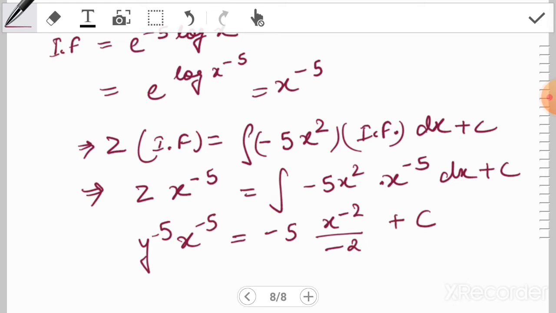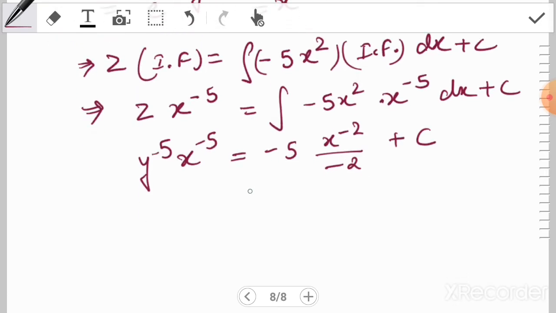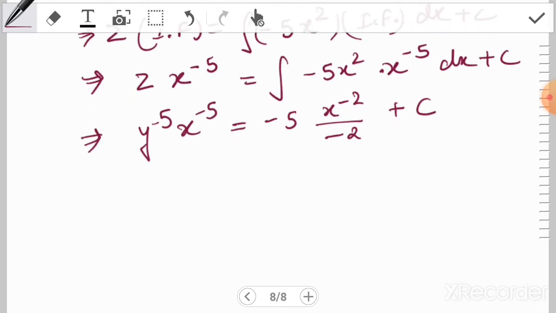So now we have got the required solution, or we can simplify this further.